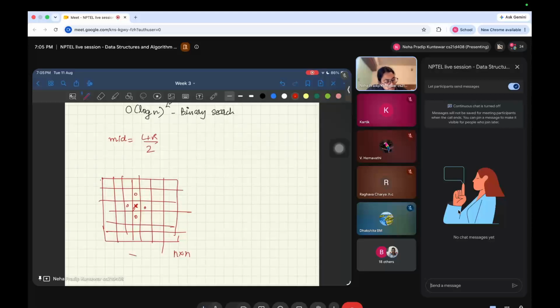But that trivial scan algorithm would be to scan through the entire grid and find the minimum. So this will take order n square time. So can you do better?